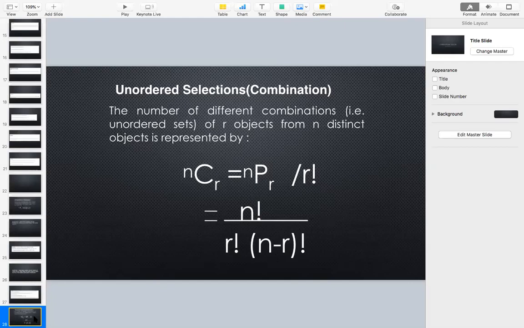It does not matter whom you select first, second or third. The order will come into play when I ask you to make the batting order. Then you will use NPR. But when you just need to select 11 players out of 15, order will not be important and you will go for NCR. You'll go for combinations.